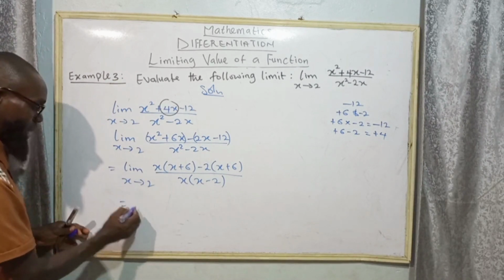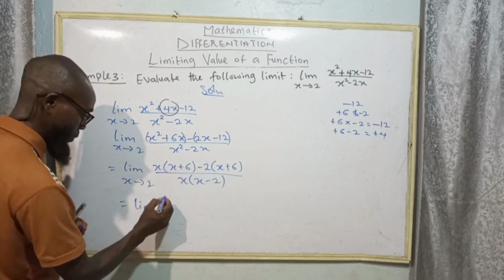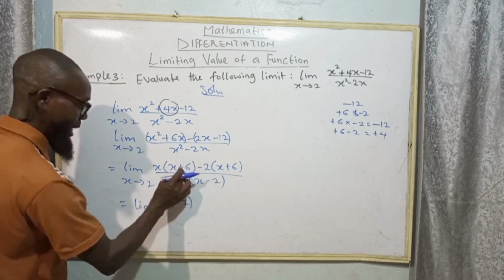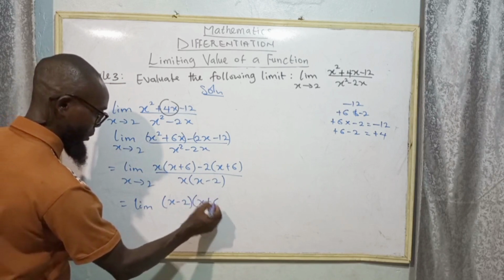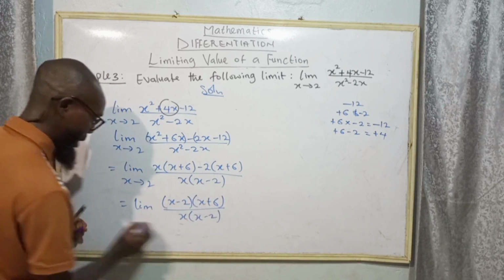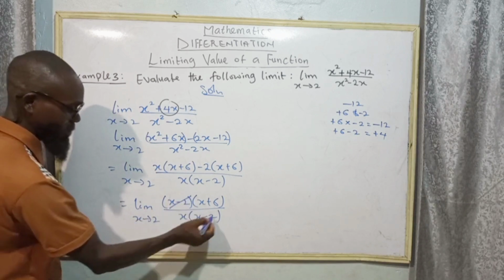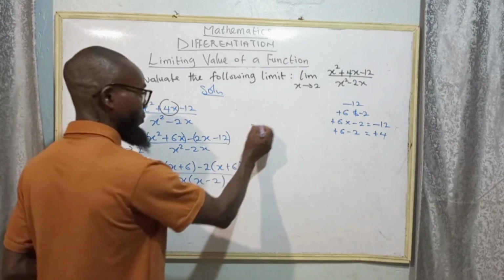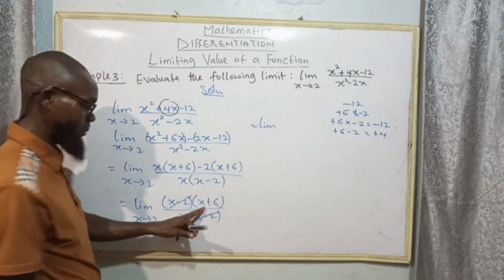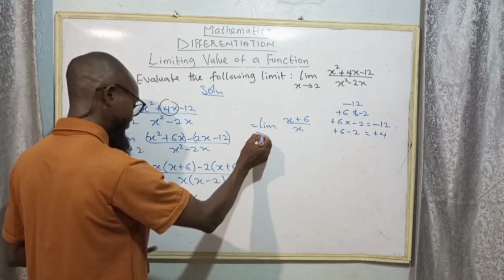Picking those outside, we have x minus 2 times x plus 6, divided by x times x minus 2. Then x minus 2 cancels x minus 2. We have the limit of x plus 6 divided by x as x approaches 2.